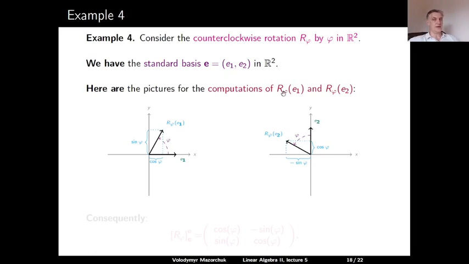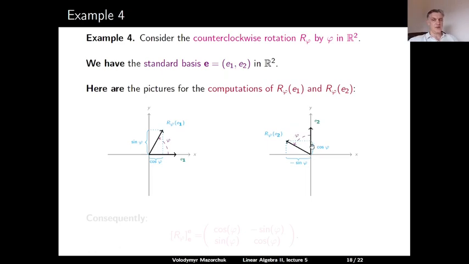If we apply r phi to e1, we take the horizontal unit vector and rotate it by phi counterclockwise. The obtained vector, by definition, has as the first coordinate the cos of phi and as the second coordinate the sine of phi. So these are the definitions of the cosine and sine functions. So the first column of the matrix consists of cos phi and sine phi.